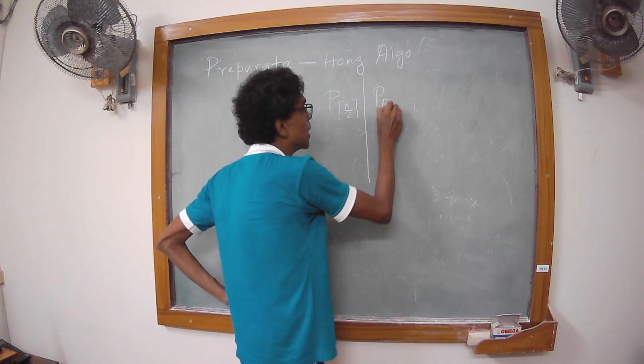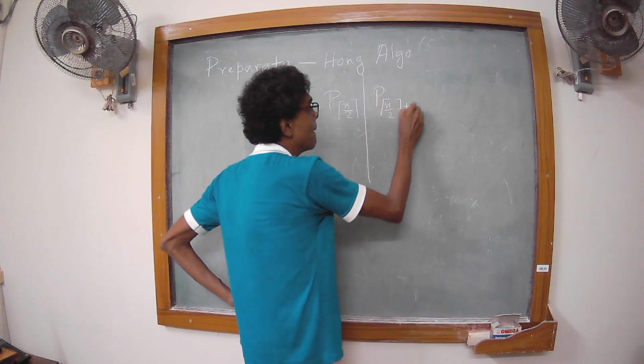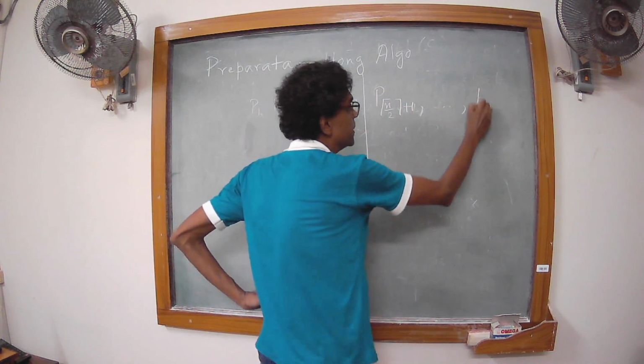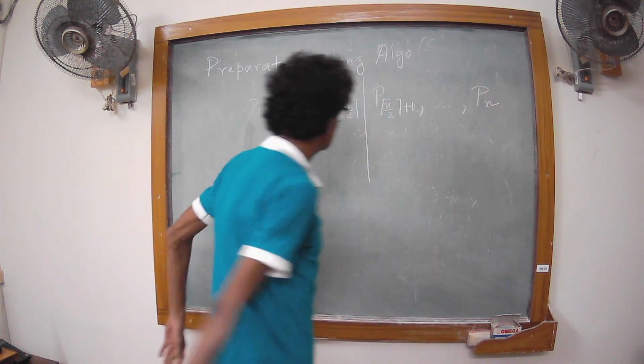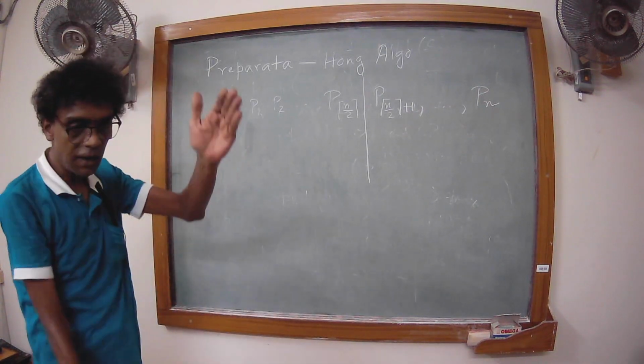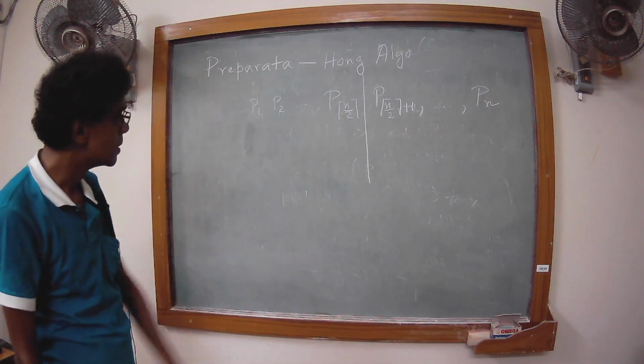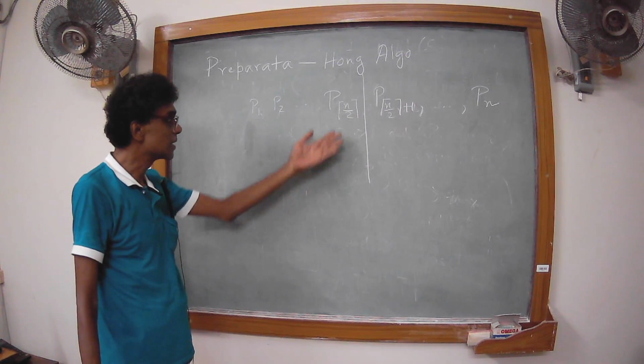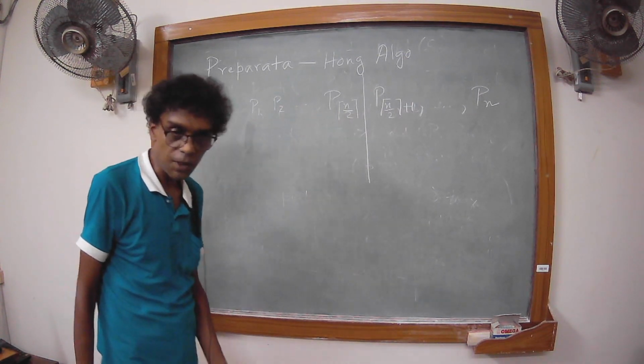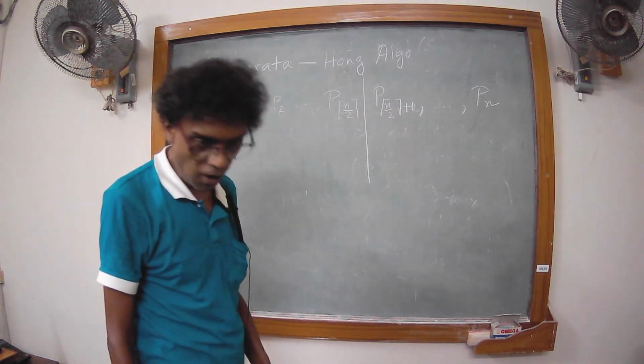Then the second half is from the floor plus 1 up to Pn. It's just a guillotine cut at the center. I am using this floor or ceiling notation because n may be odd.